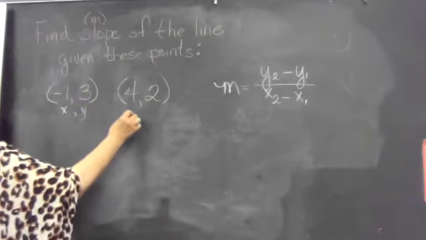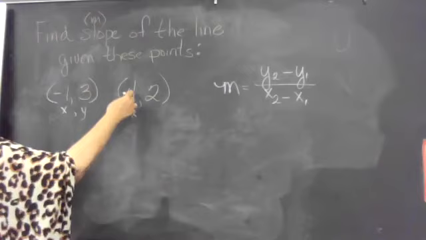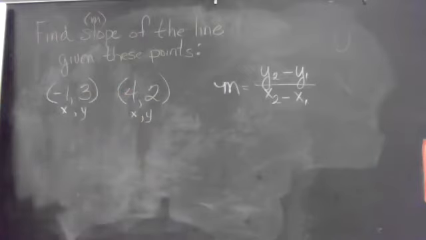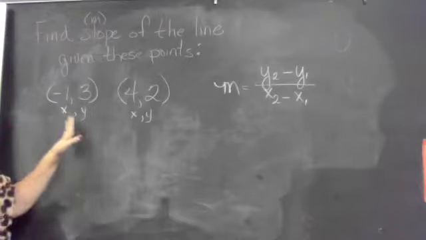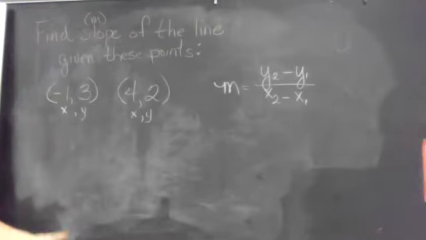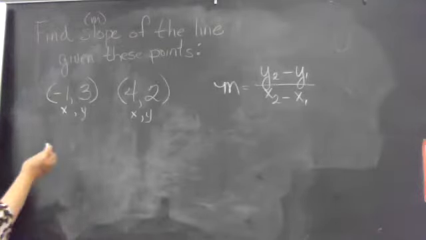But if we have 2 points, that means we have 2 x's and 2 y's, and how are we going to tell the difference? So we simply number them so we can tell the difference.